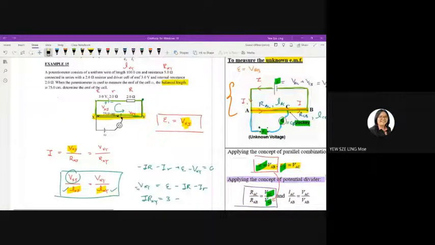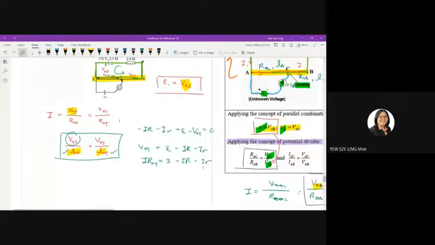If I expand it into IRx, I have IRx equals 3 minus IR minus IR. Saya nak tentukan nilai I dulu, because if I don't have I, then I cannot solve the question.